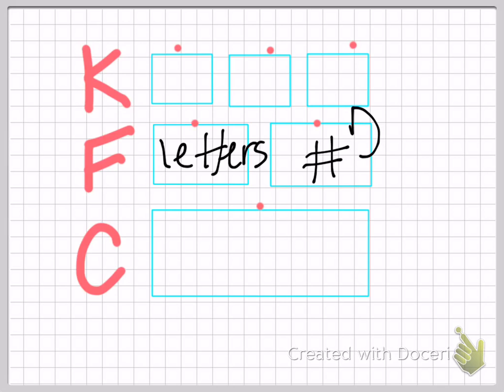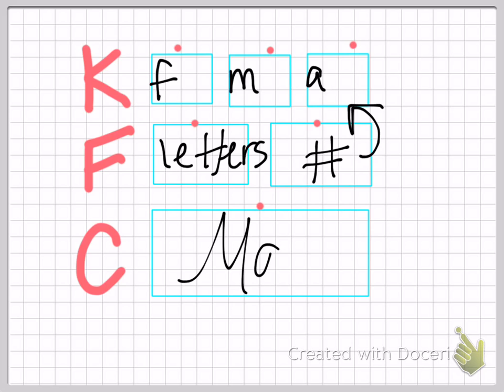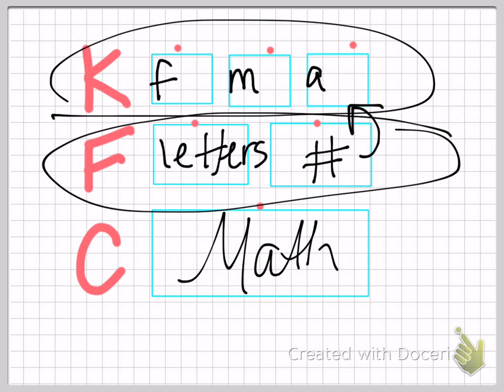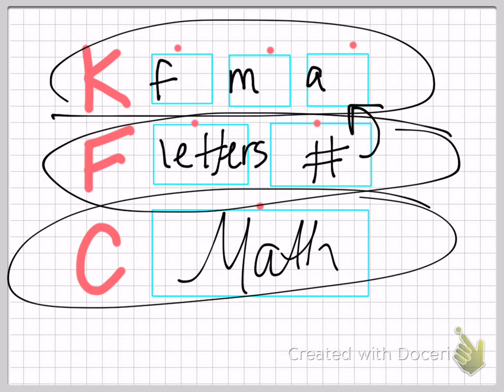The numbers are going to come from the K step, where we figured out our F, which stands for force, M, which stands for mass, and A, which stands for acceleration. One of these 3 is going to be missing. And then, of course, the last step is where we do our math calculations. So again, K stands for finding what we know. F stands for formula, filling in our formula with letters, then the values, and C stands for calculate.